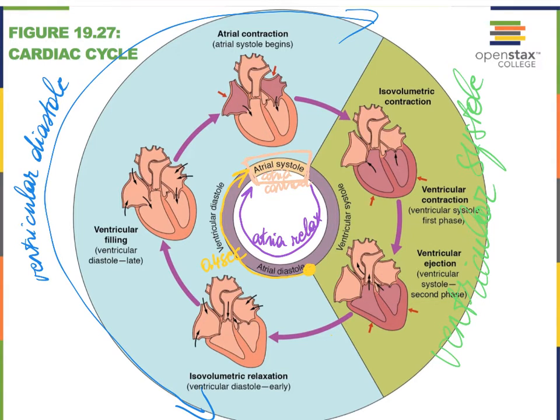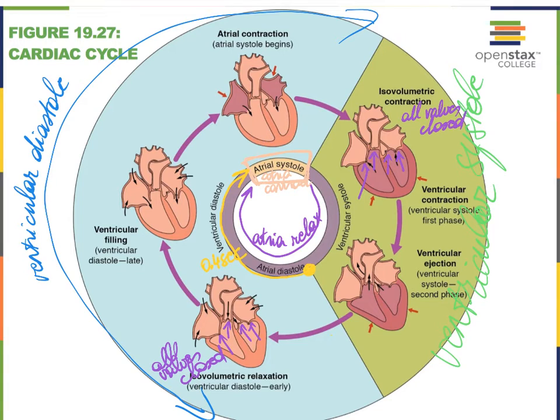Now, while this is happening, pretty soon the atria start to contract, and they do that, of course, because they have become depolarized with the help of the intrinsic conduction system, which in turn is manipulated by the extrinsic conduction system. And I would have liked to have seen that there is already a little bit of blood in these ventricles here. That seems to make much more sense to me.